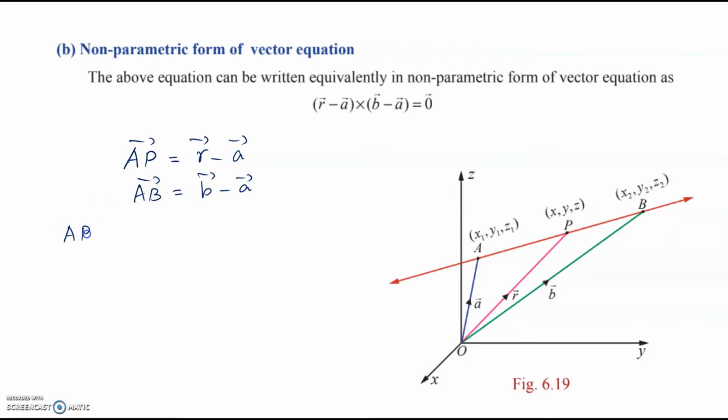Now AP vector cross product with AB vector will be equal to the 0 vector, because they are both parallel. So substituting the values of AP and AB, we get R vector minus A vector cross product with B vector minus A vector is equal to 0 vector. So that's how we can show how this formula is obtained.